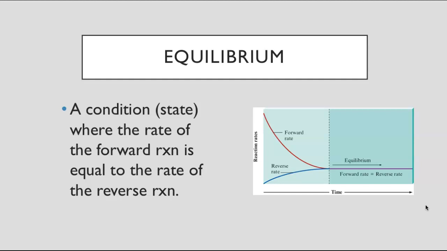So equilibrium is a condition or a state where the rate of the forward reaction is equal to the rate of the reverse reaction. And so in equilibrium, we are going to be looking at reactions being reversible.